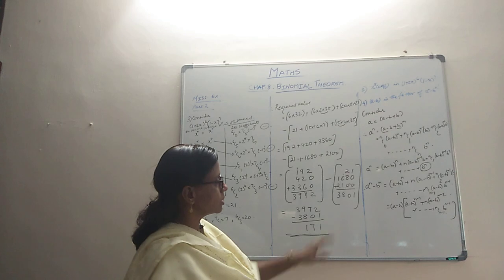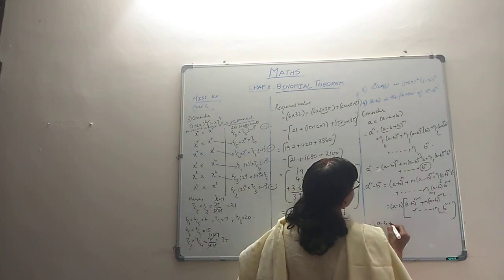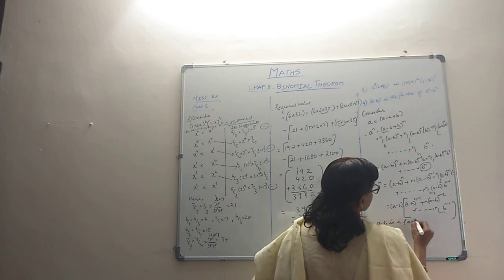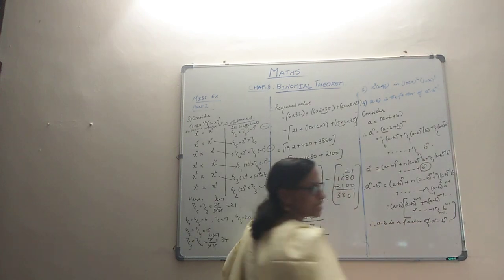So that's about this. So you have it common, and therefore a minus b is a factor of a raised to n minus b raised to n.